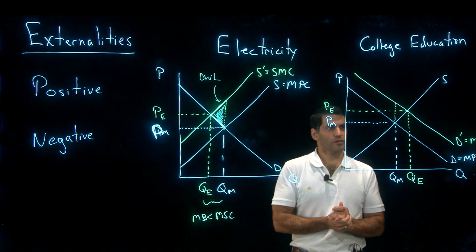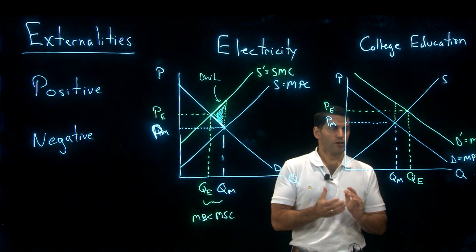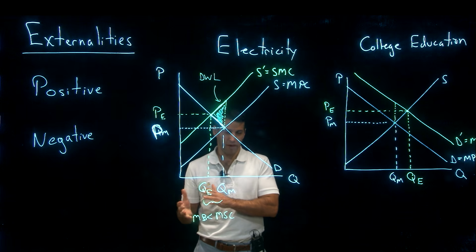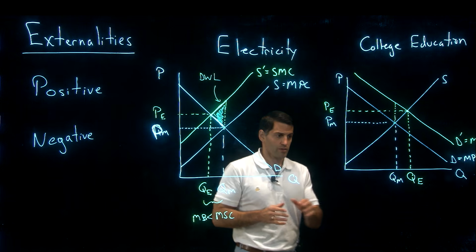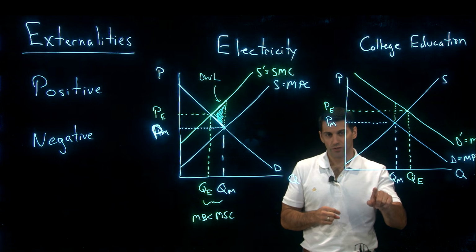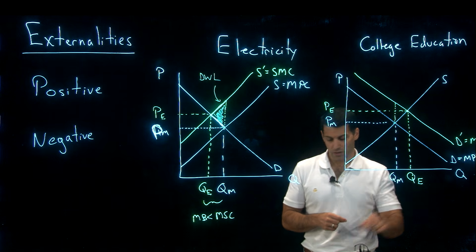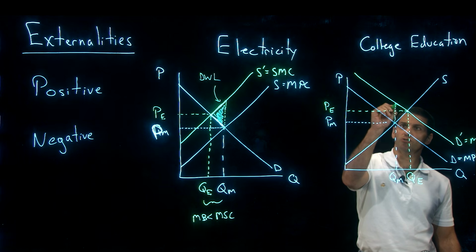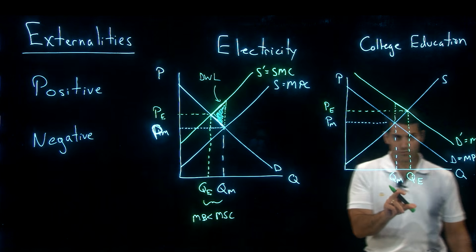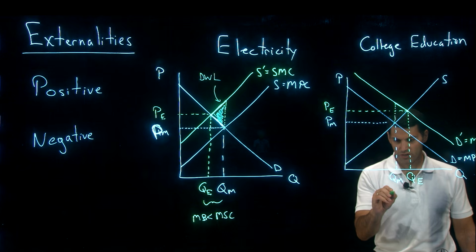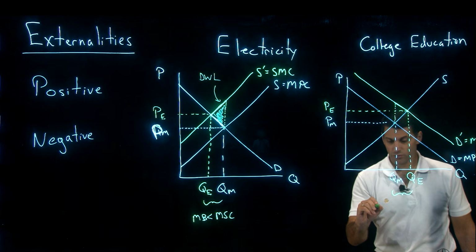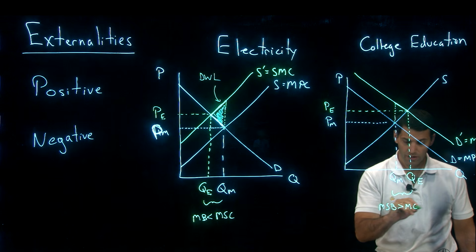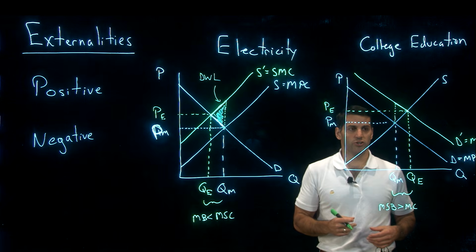So what's going on in this case? Well, here, again, think about the marginal benefit and the marginal cost of these college degrees between QM and QE. Looking at our demand curve, for the college degrees earned in this range, the marginal social benefit is greater than the marginal cost of producing those college educations.